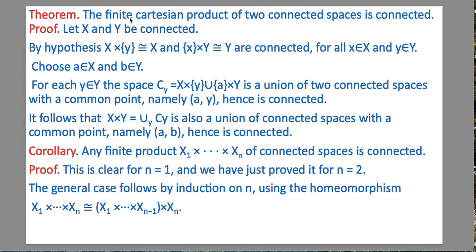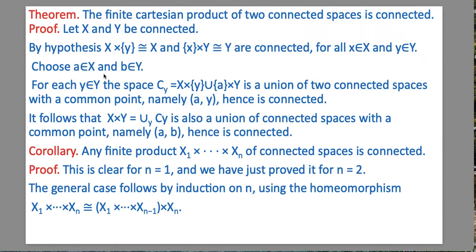So X is connected and Y is connected. Now we need to show that their Cartesian product is connected.